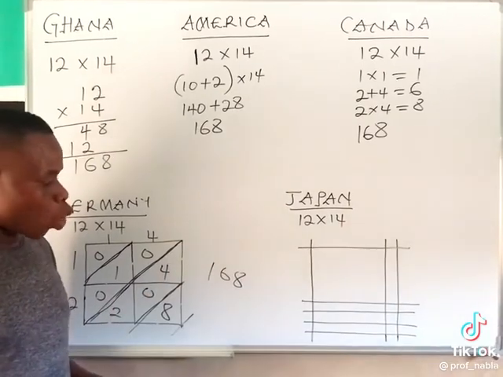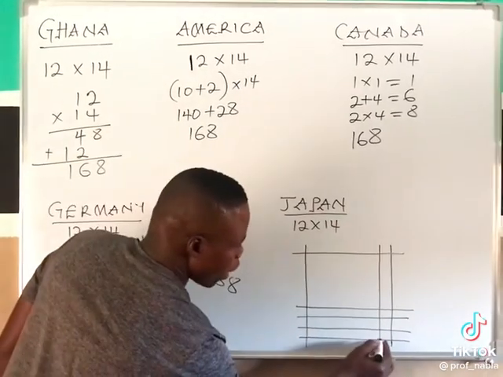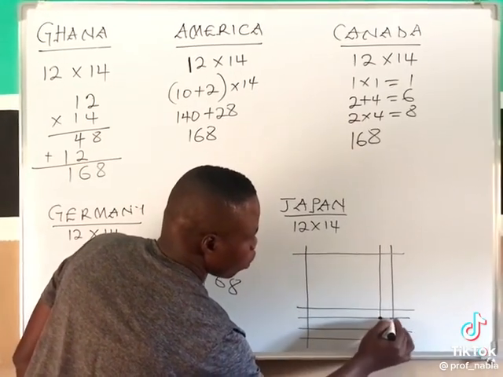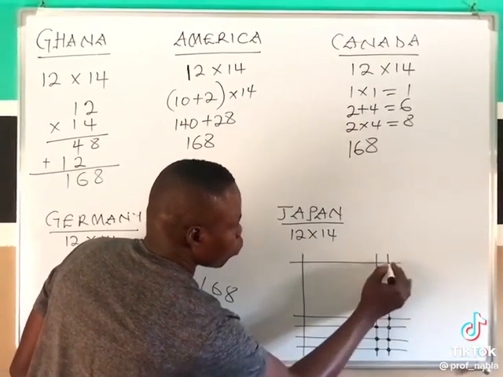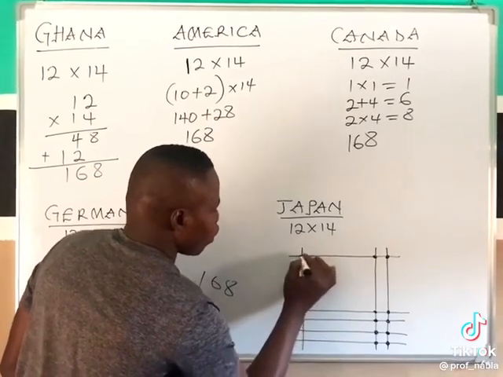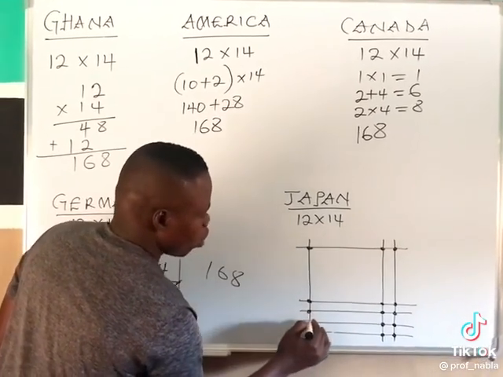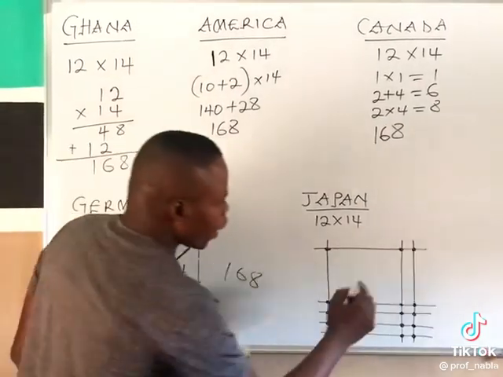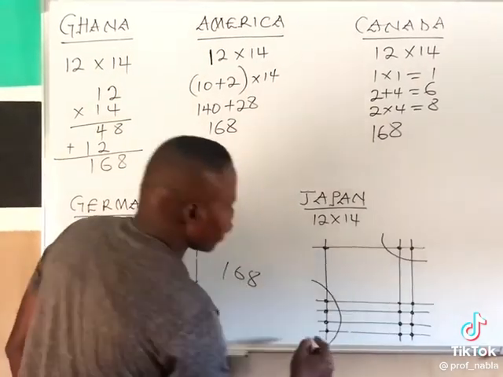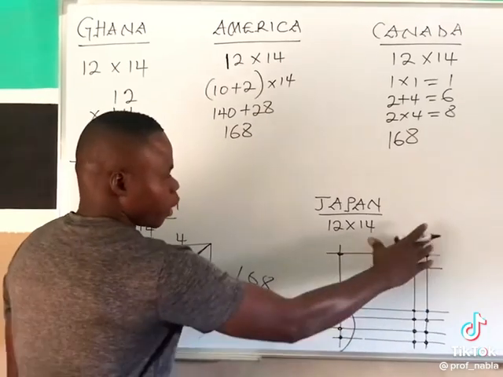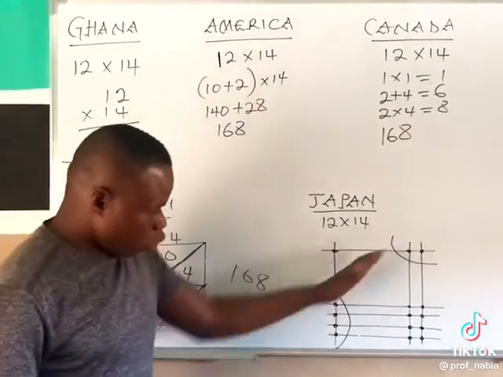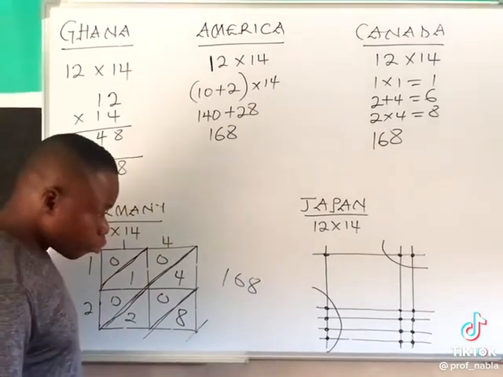You put dots there. So here I have dots because they are crossing here. And these dots will give the final answer. We are going to add these dots together.